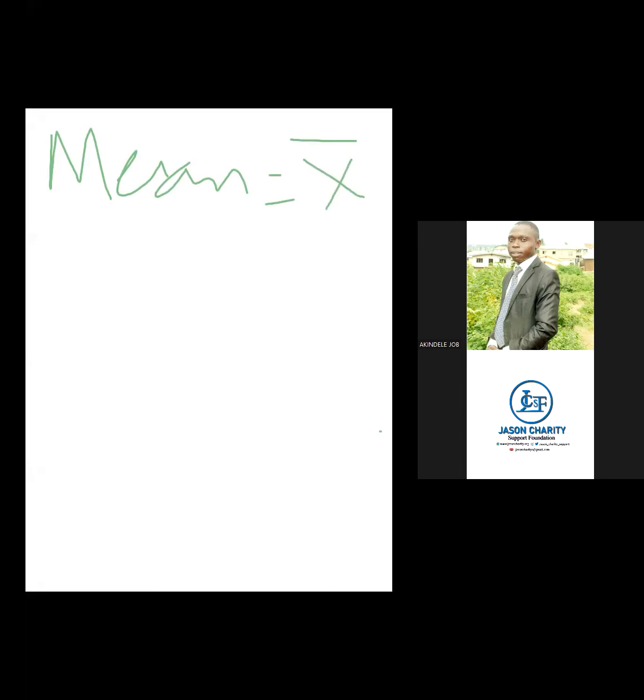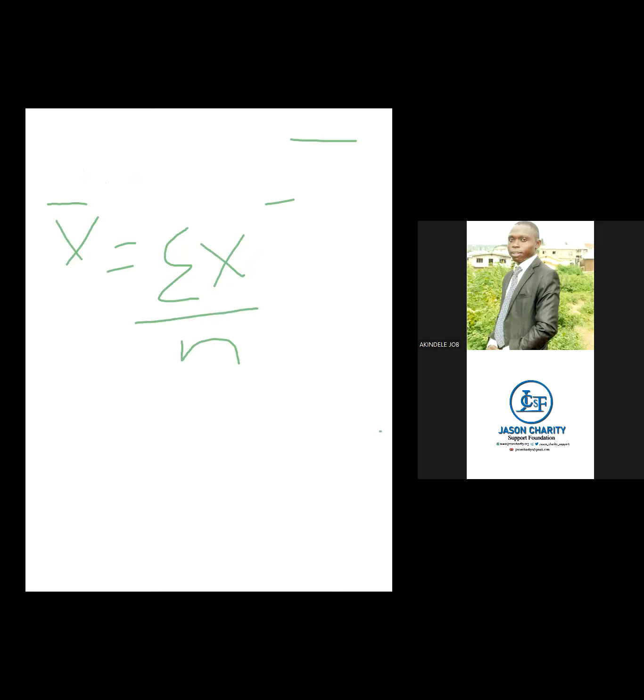So mean is equal to the sum of the figures given, that is the sum of X divided by N. That is just the formula when you are trying to calculate mean. So that is the sum of the numbers given to you divided by the number of times those numbers appear.